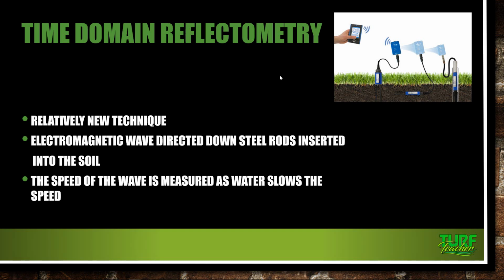It is an electromagnetic wave directed down parallel guides. Usually they're stainless steel rods that you'll set up. They're placed in the soil, and then we have the instrument that will measure the speed at which these pulses travel to the end of the guides and return. So it's down and back.